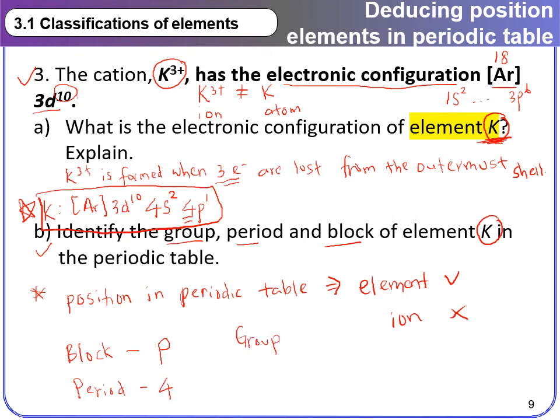Since it is a p block element, we add 10, and then total up the number of electrons in the s orbital and p orbital. When I total up all these numbers, the group is group 13.